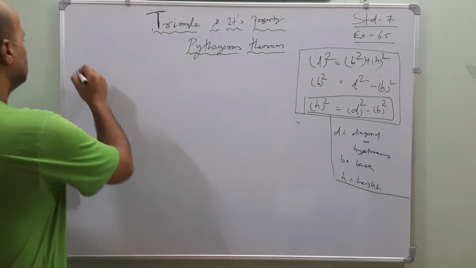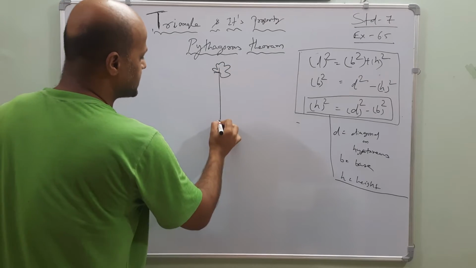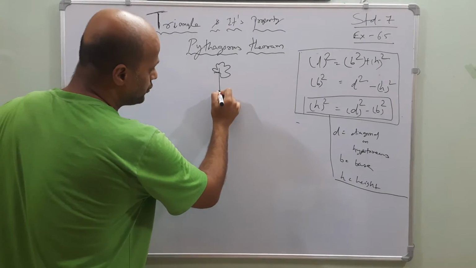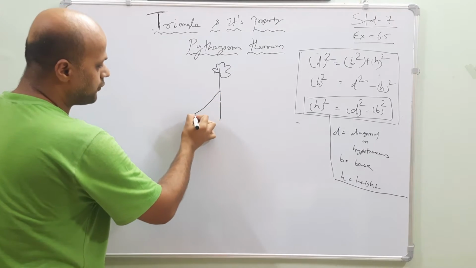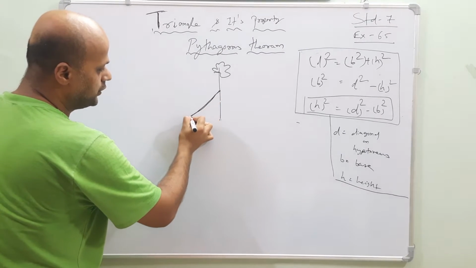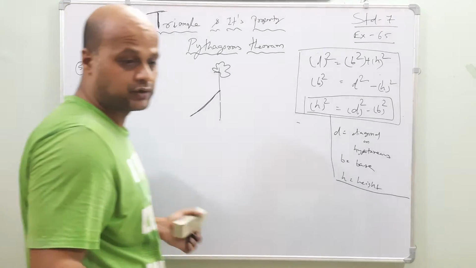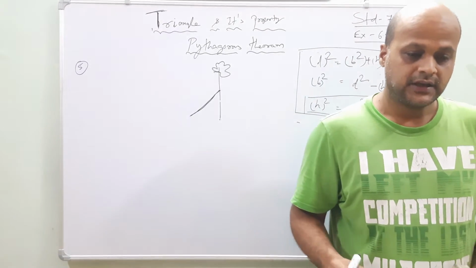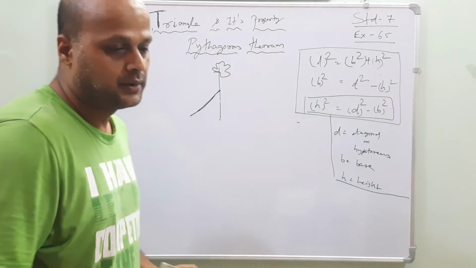Oh, very nice one. It's saying that a tree is standing on the ground. Now the tree is broken from the height of 5 meter and falls, and its top touches the ground at a distance of 12 meter from the base of the tree.